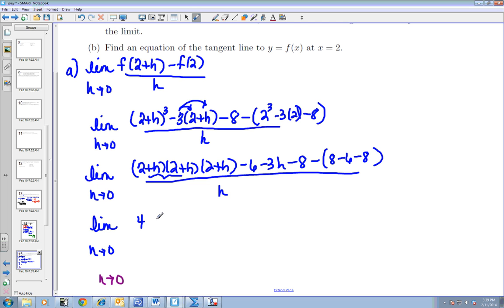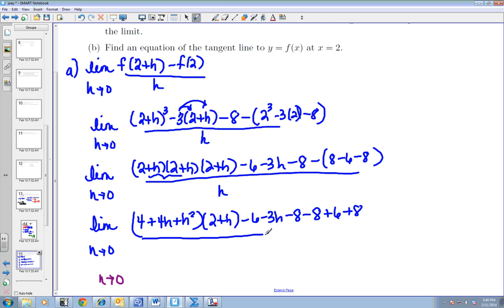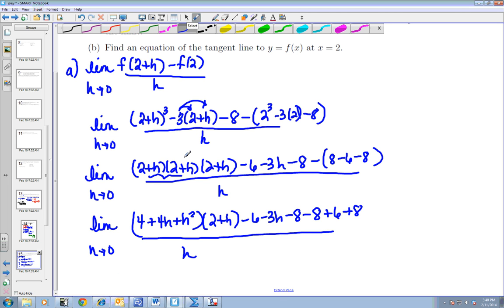I get 4 plus 4h plus h squared times 2 plus h, minus 6 minus 3h minus 8 minus 8 plus 6 plus 8. I distributed my negative all over h. Okay, so I'm going to keep on going.